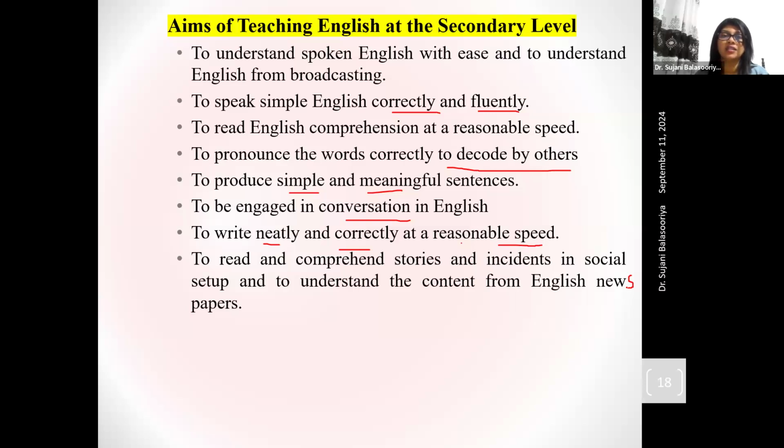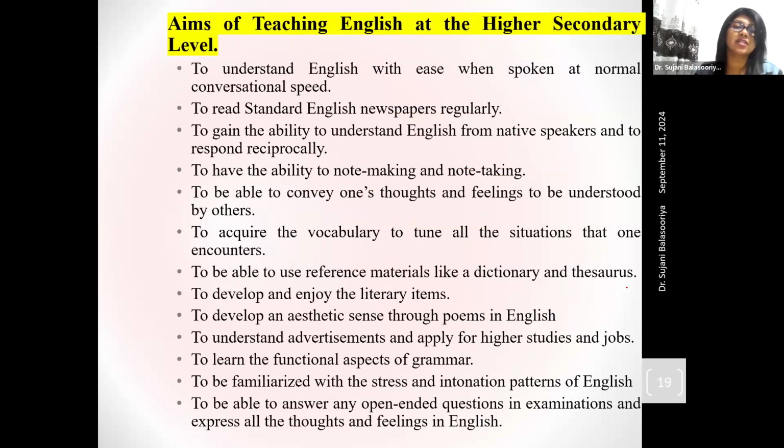These are the skills expected from the students at the secondary level, given in the form of aims. Okay, right. Then we can come to higher secondary level. So we'll go through these points quickly.